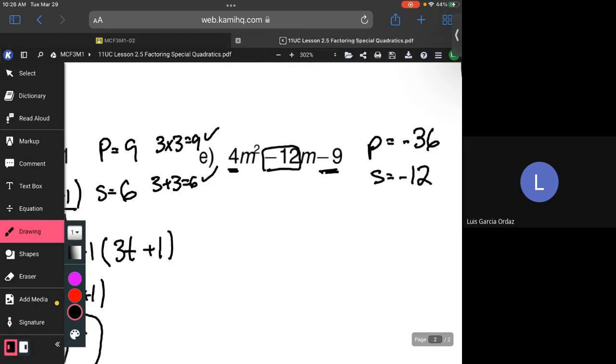So what are two numbers that multiply to negative 36 and give me negative 12? Does this even work? It only works if this is what? Positive. So if we change it to positive, what would it be? Yes, Brooklyn?